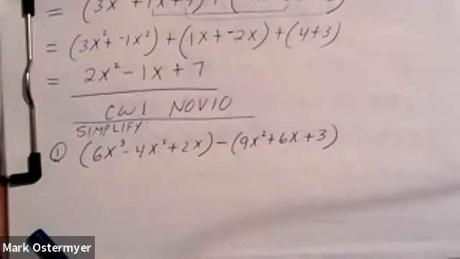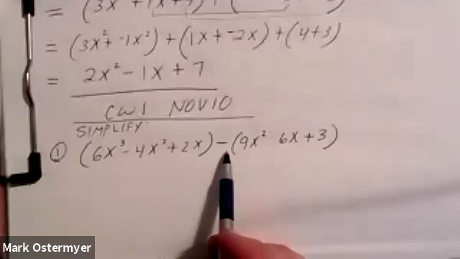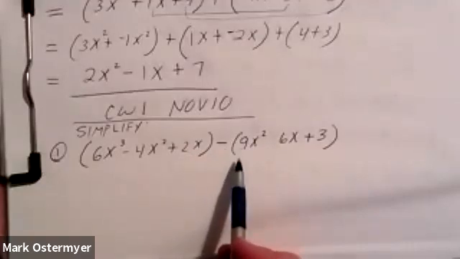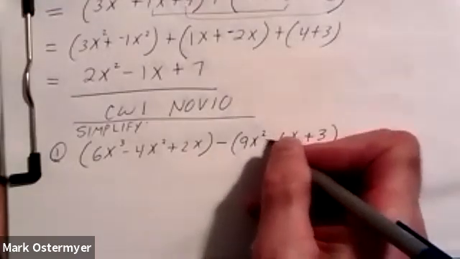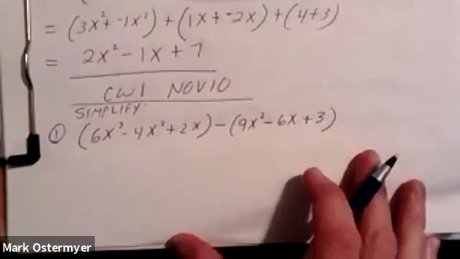Hold on a second. I wanted this to be a minus 6x. Is that 4x squared or 4x cubed? Oh, that's 4x squared here. This is 6x cubed minus 4x squared plus 2x, minus 9x squared minus 6x plus 3. See if you can do that problem.